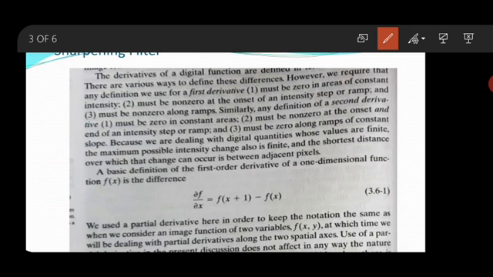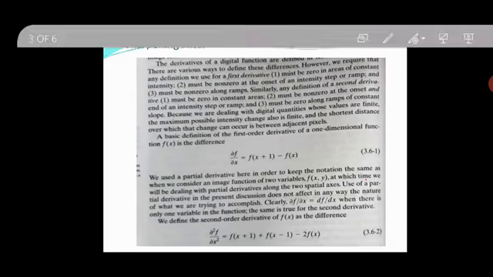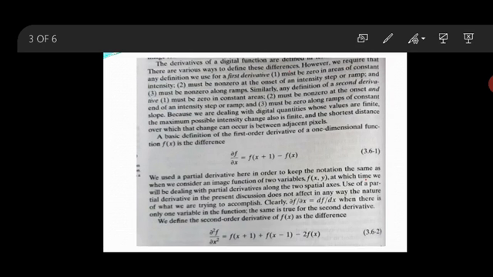Similarly, there is a definition of the second derivative. How good you want the image sharpening to be matters: the more derivatives you go, the more complex the operation on an image. Here, only two derivatives are given, the first derivative and the second derivative. In the first derivative, I made the three points very clear.